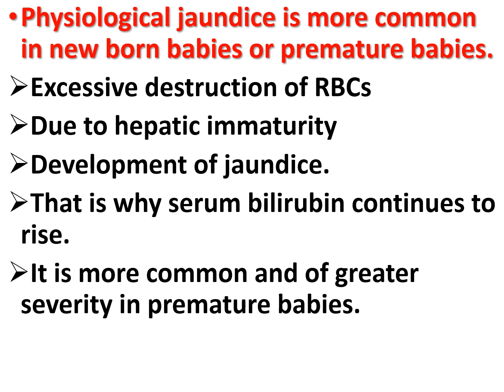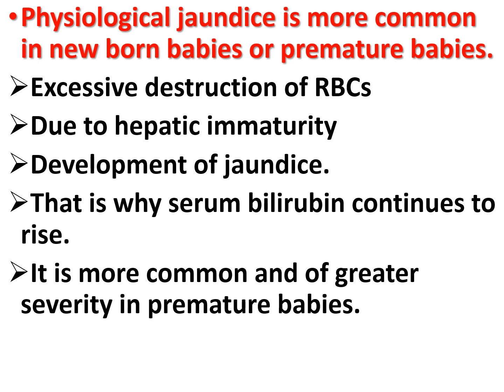Physiological jaundice is more common in newborn babies or premature babies. After birth there is excessive destruction of RBCs, which causes an increase in serum bilirubin level. Due to hepatic immaturity during intrauterine life, the bilirubin is mainly eliminated via the placenta and to a lesser extent by the liver. Immediately after birth, the liver has to eliminate all the bilirubin formed.